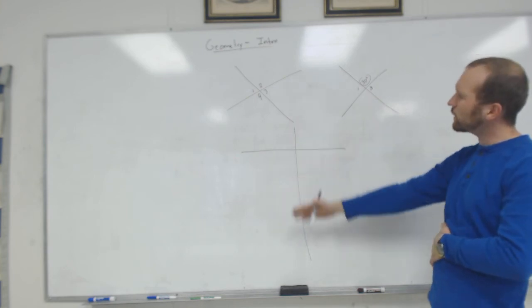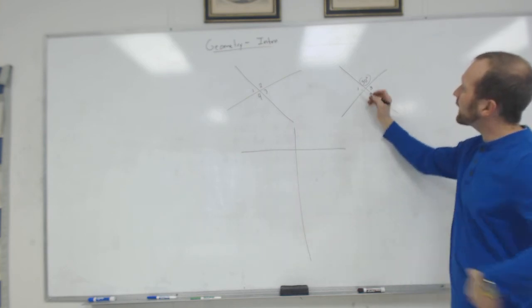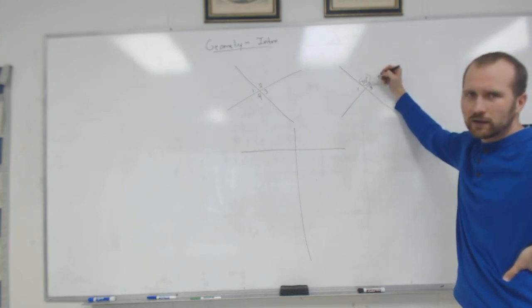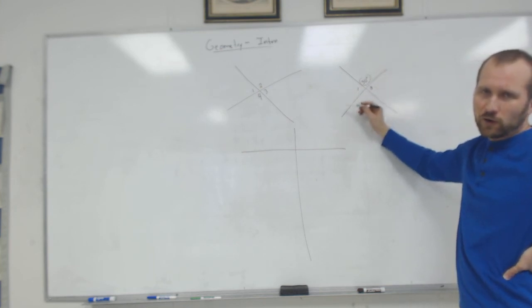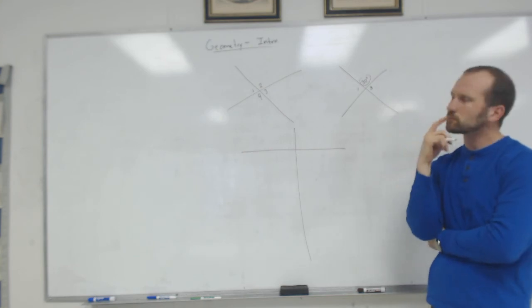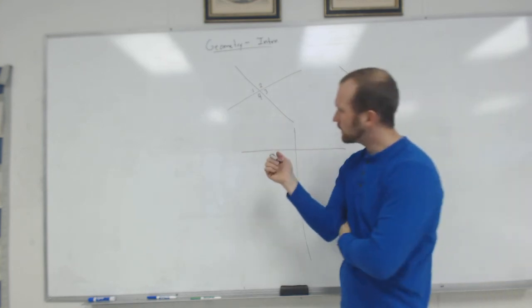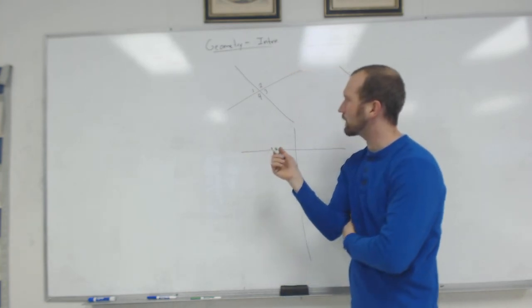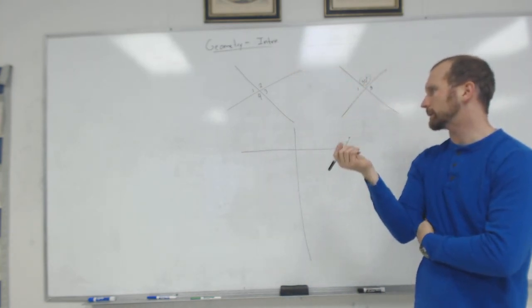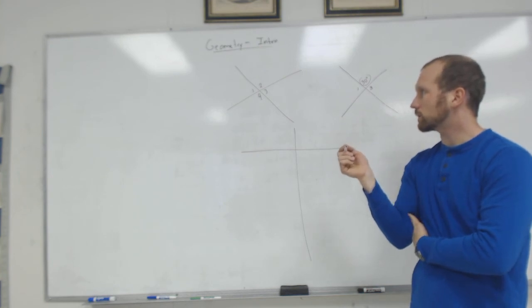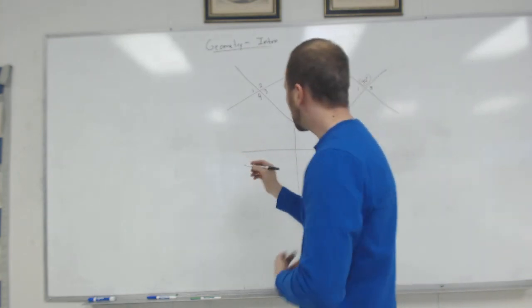So if we can show in our proof that angle 1 and 2 are linear pairs, and so are 2 and 3, then we should be able to show that 1 and 3 are equal. So we want to start out with something like this.